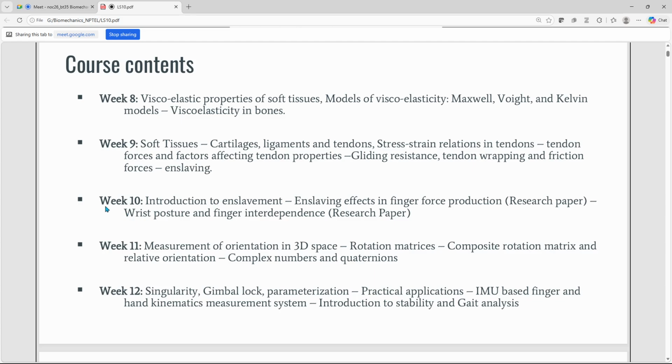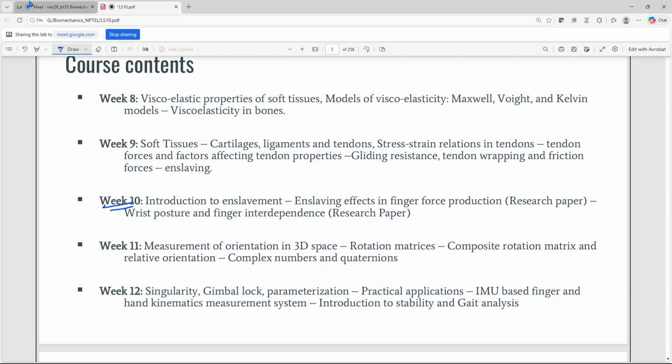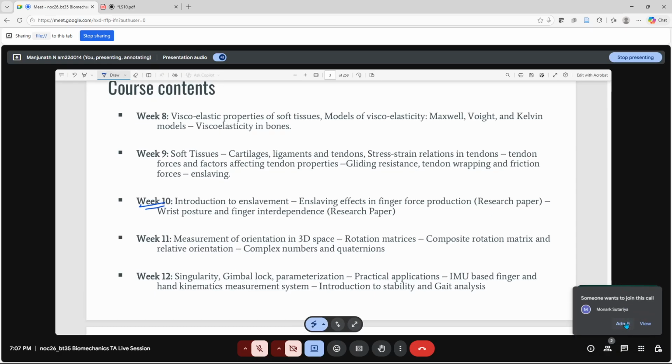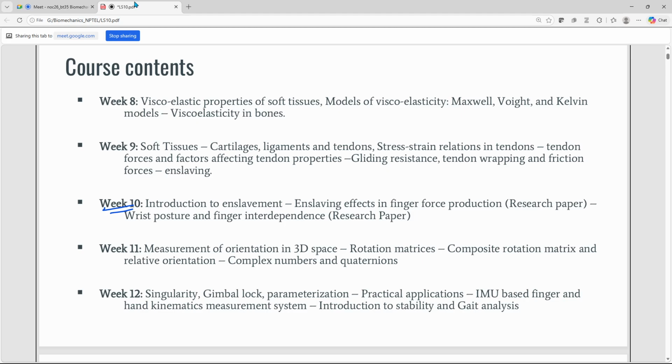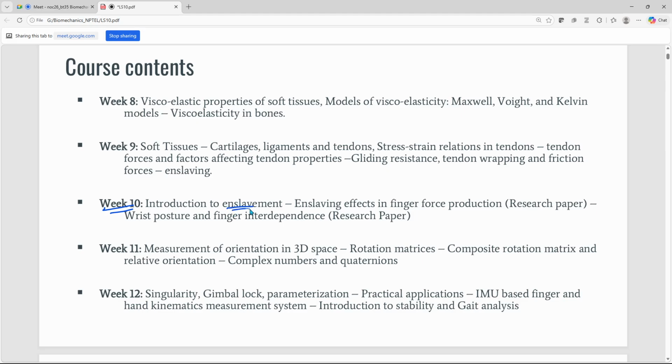So in week 10, you might have watched the videos. In week 10, the course is about something called enslavement. We have observed this feature of enslavement in many of our organs, especially in hands and fingers, but we may not have looked into it at a deeper level.